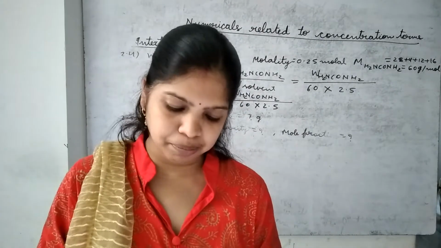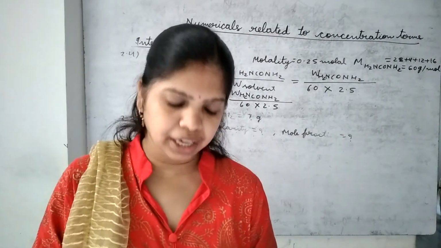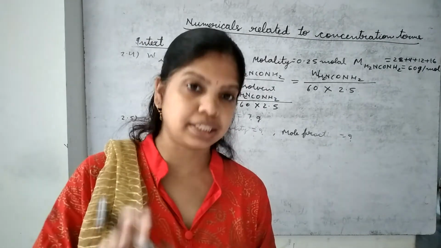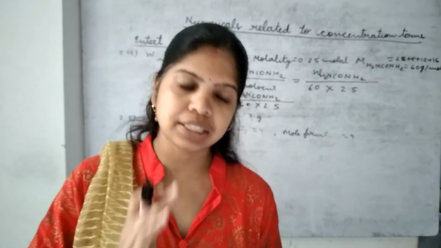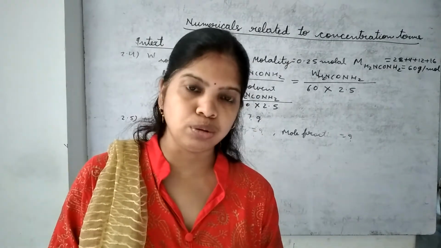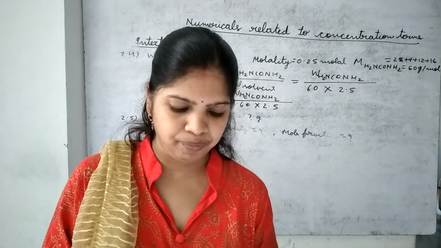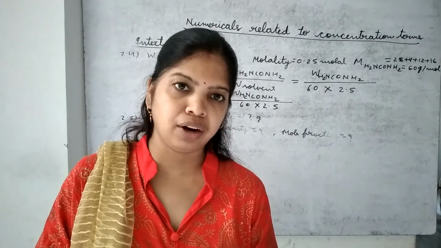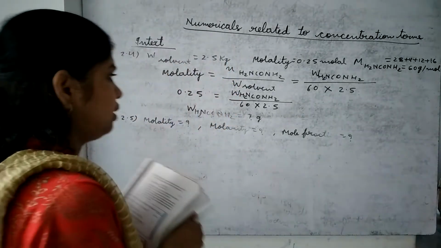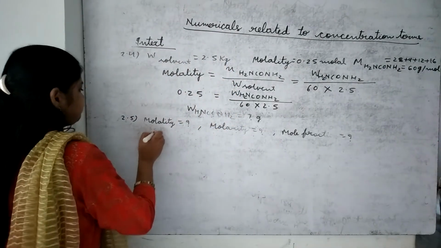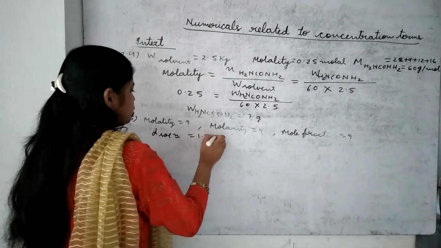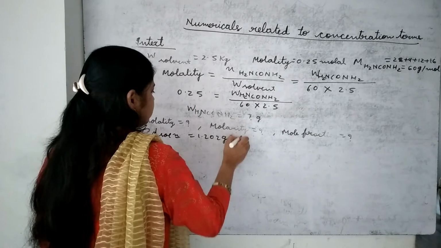Of potassium iodide, if the density of 20% by mass aqueous potassium iodide is 1.202 gram per ml. Density of solution is given as 1.202 gram per ml.